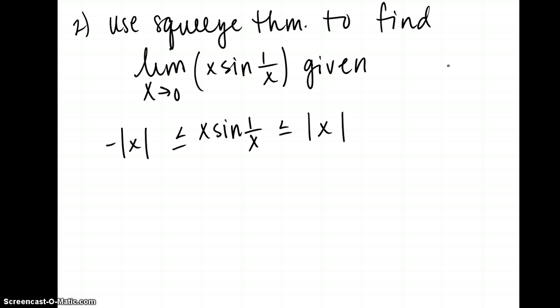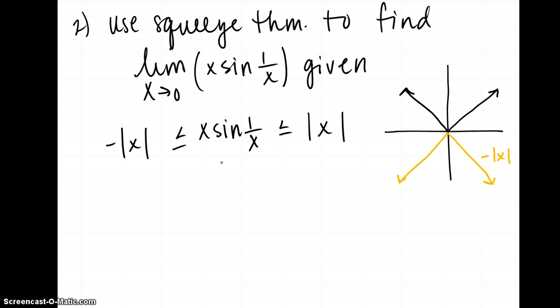All right, now just to recall, absolute value of x, that's our v. So the opposite of that would just be the reflection. So this trig function is bounded above by the absolute value of x and below by its reflection.